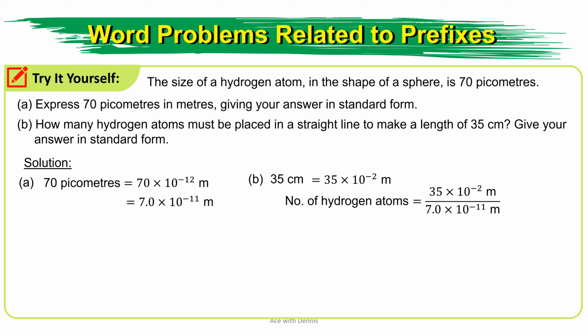So 35 times 10 to the power negative 2 meters over 7.0 times 10 to the power negative 11 meters. So the number divided by the number, and for the power of 10, we subtract because it is a division. So 35 over 7 times 10 to the power negative 2 minus negative 11. And we get 5 times 10 to the power 9 atoms.